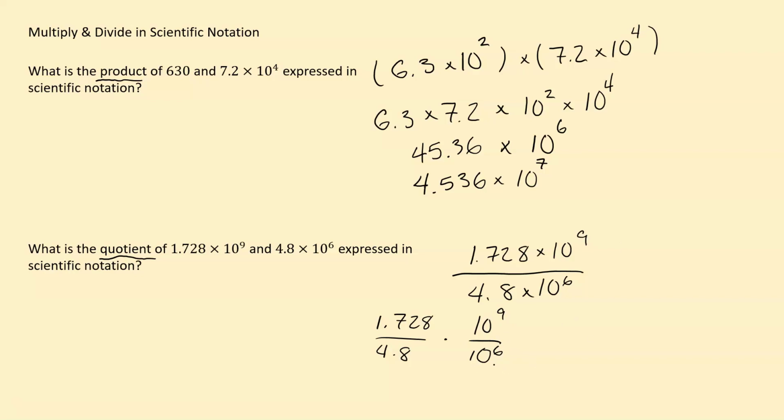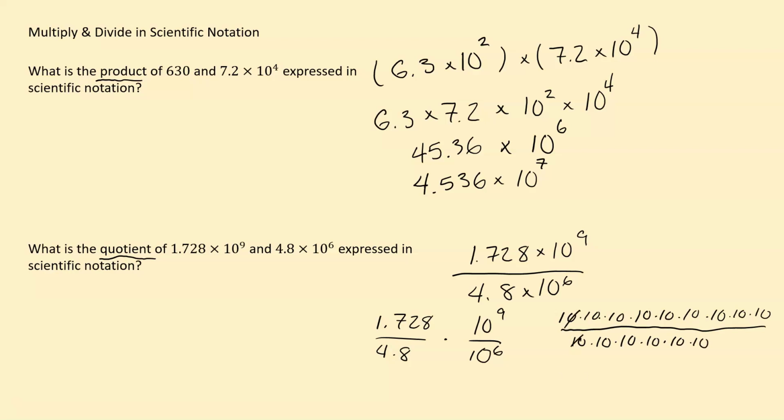use our exponent rules. This would be like 10 multiplied by itself 9 times: 1, 2, 3, 4, 5, 6, 7, 8, 9, over 10 multiplied by itself 6 times: 1, 2, 3, 4, 5, 6.